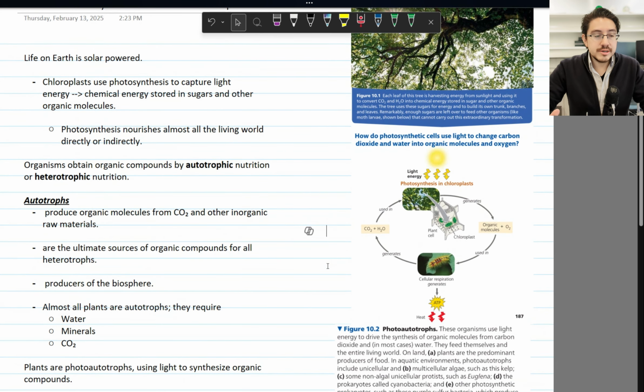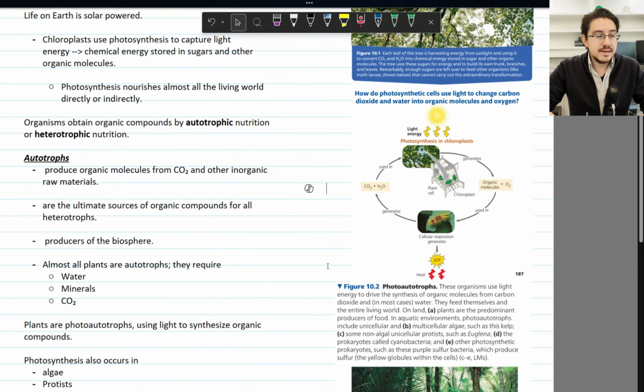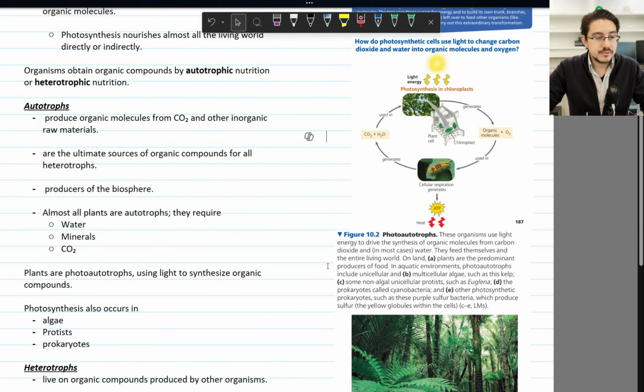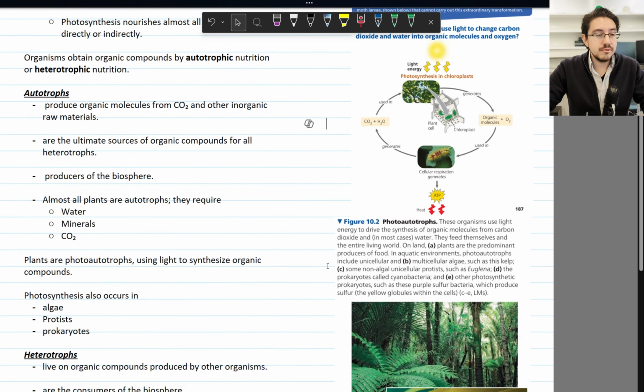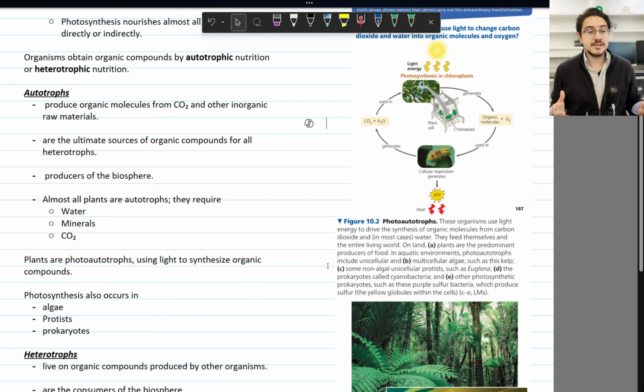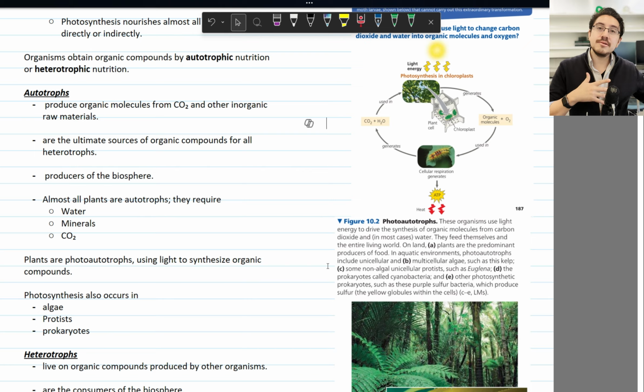So organisms obtain organic compounds by autotrophic nutrition, we'll talk a little bit about that, or heterotrophic nutrition. And autotrophs produce organic molecules from carbon dioxide and other inorganic raw materials.